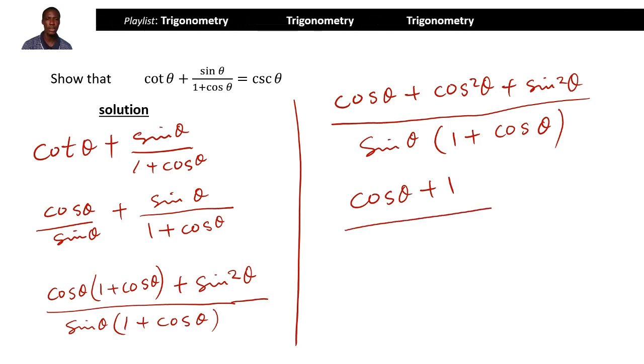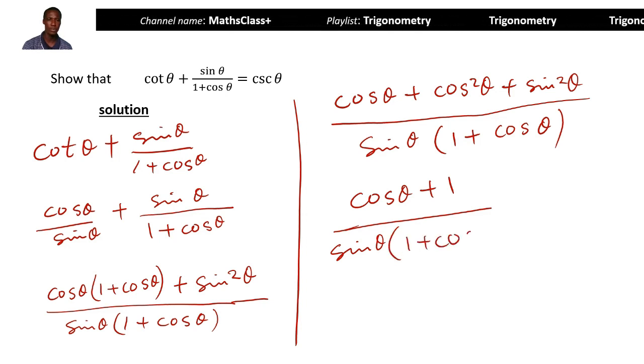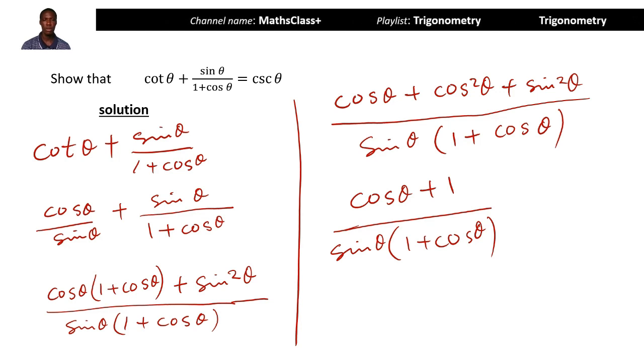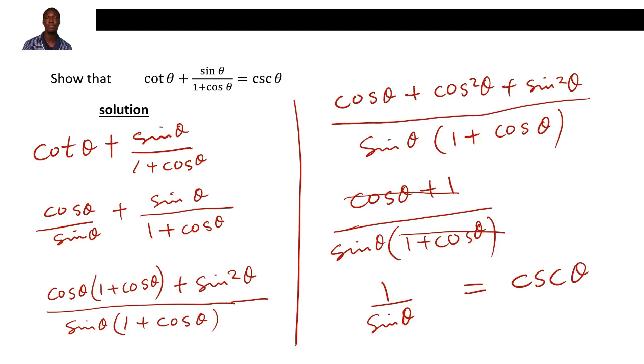Then divided by sine theta multiplying 1 plus cos theta. Okay, so the numerator and the denominator, what we have in bracket, are equal. And so this one can cancel this, giving me 1 over sine theta. And sine theta is the same as cosec theta.